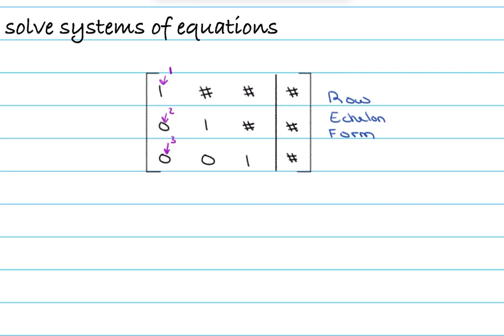Then we have to find the 1 in the next column. So this guy will go fourth, and then the 0 underneath. And then we will get the 1 in that third column, okay? So we have to go in this order to make sure that everything works out, all right? So that just gives you a little roadmap of what we're doing.